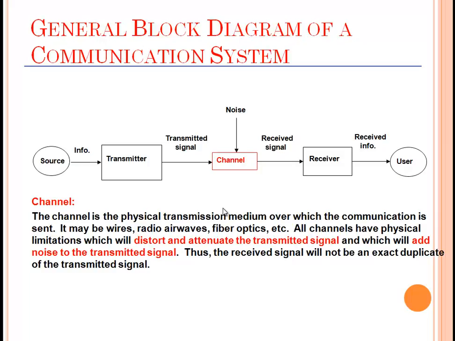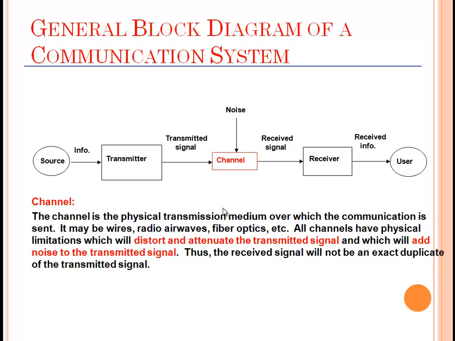The channel in between the transmitter and the receiver is actually a physical transmission medium over which the communication is sent. This channel can be a set of wires, it can be radio airways, it can be fiber optic cable, it can be twisted pair cable, etc. All channels have physical limitations.